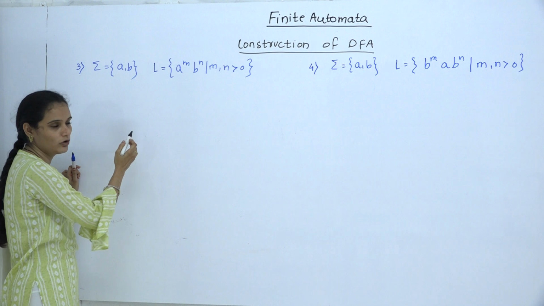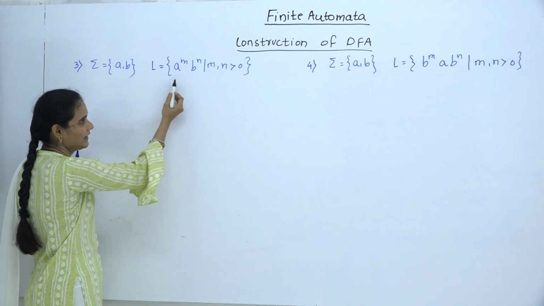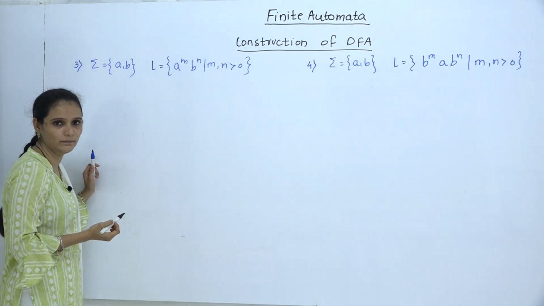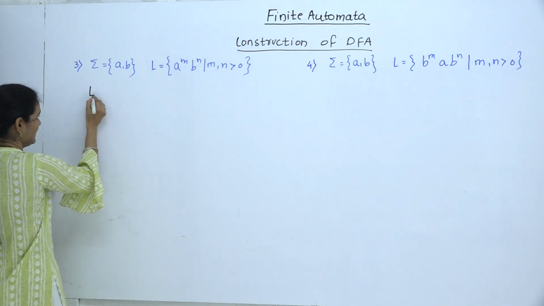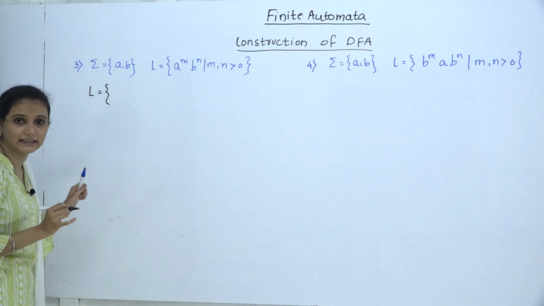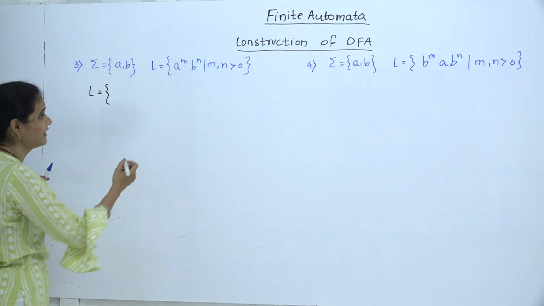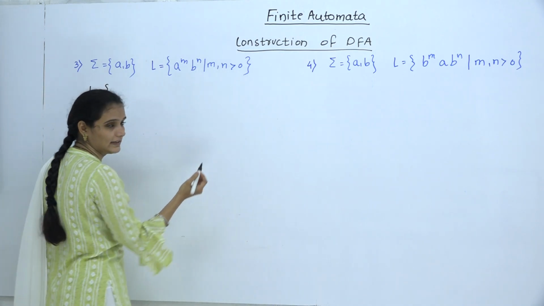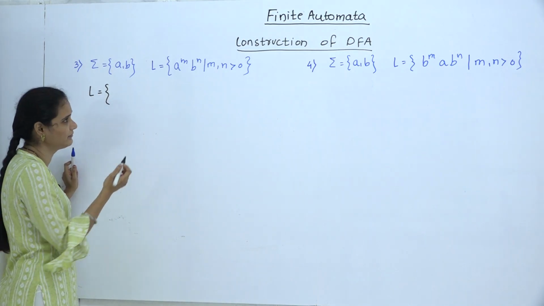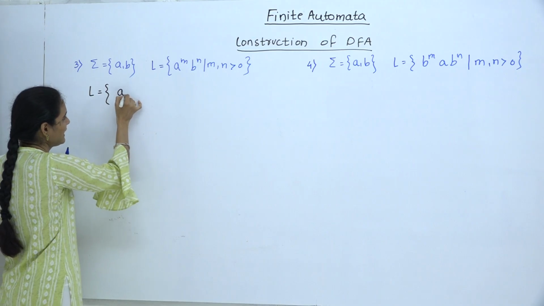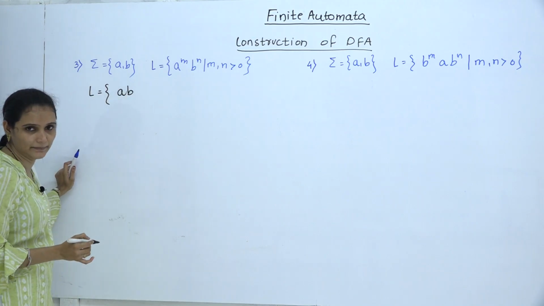Sigma is equal to {a, b} and the language is given as a raised to m b raised to n. Students, first we will consider which kinds of strings are exactly accepted in that particular language. Here m and n are greater than 0, not equal to, only greater than 0, meaning it starts with 1. So the first string accepted will be ab.